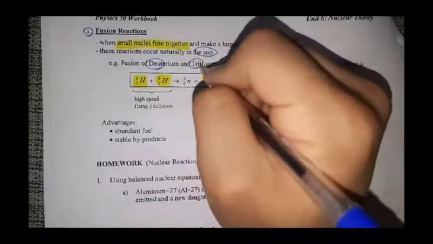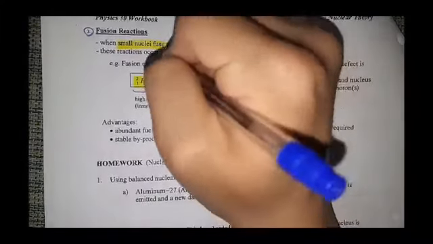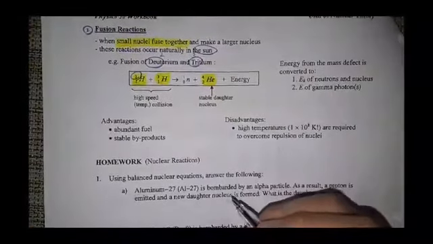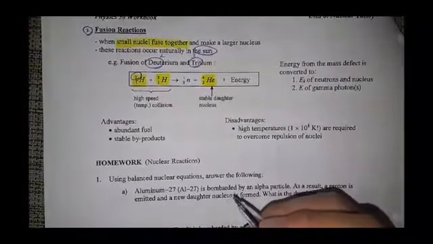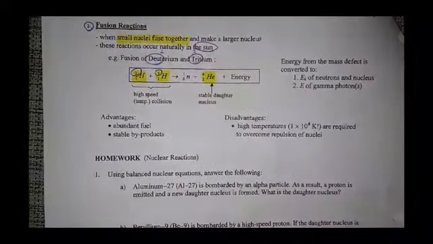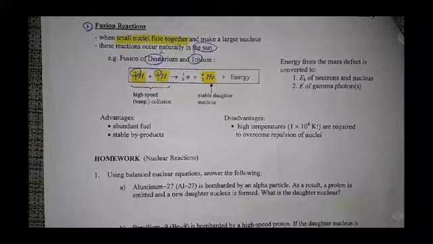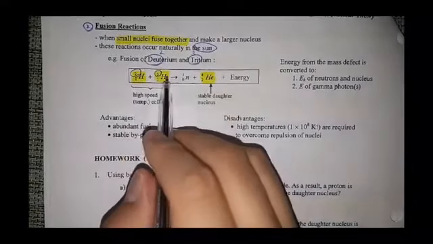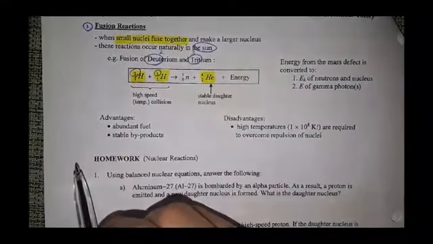Tritium, tri means 3. So deuterium is basically hydrogen 2, one of the isotopes. Tritium is hydrogen 3. So you have one neutron, 2 neutrons, something like that.